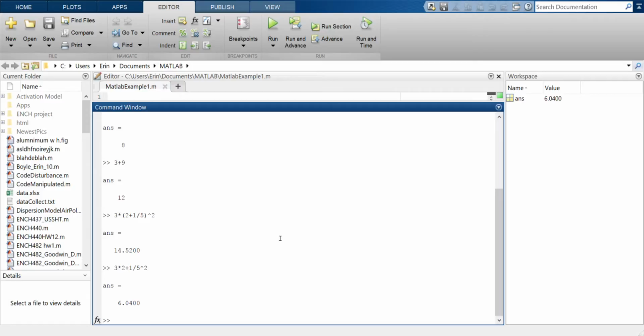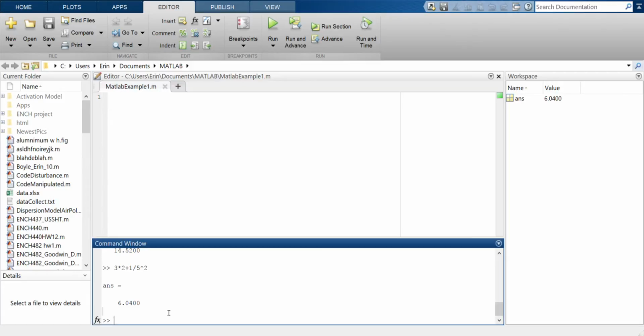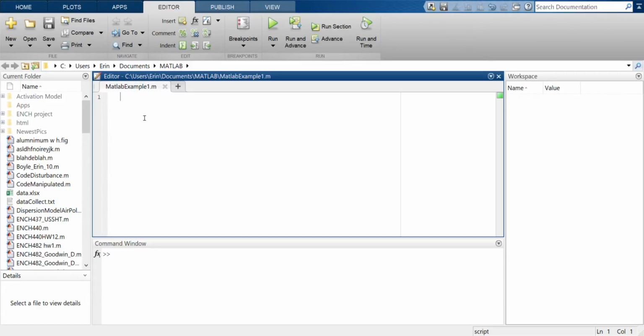Matlab also does math on matrices. We talked about this a little bit, actually a lot in class. But let's say that I create a vector. Say vector is equal to, if you remember from last time, 0 to 10 in increments of 1.